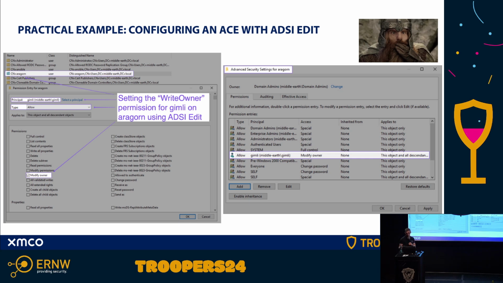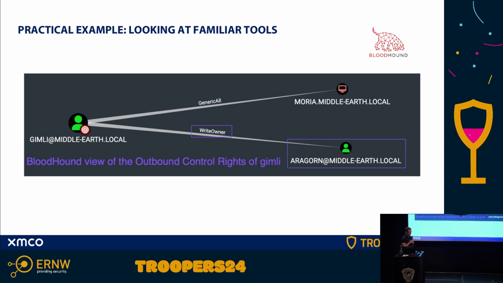So Gimli can modify the owner of the Aragon object. In the BloodHound world, it would look like this. You would see this edge after running SharpHound and importing it in BloodHound. So you have a WriteOwner edge from Gimli to Aragon.